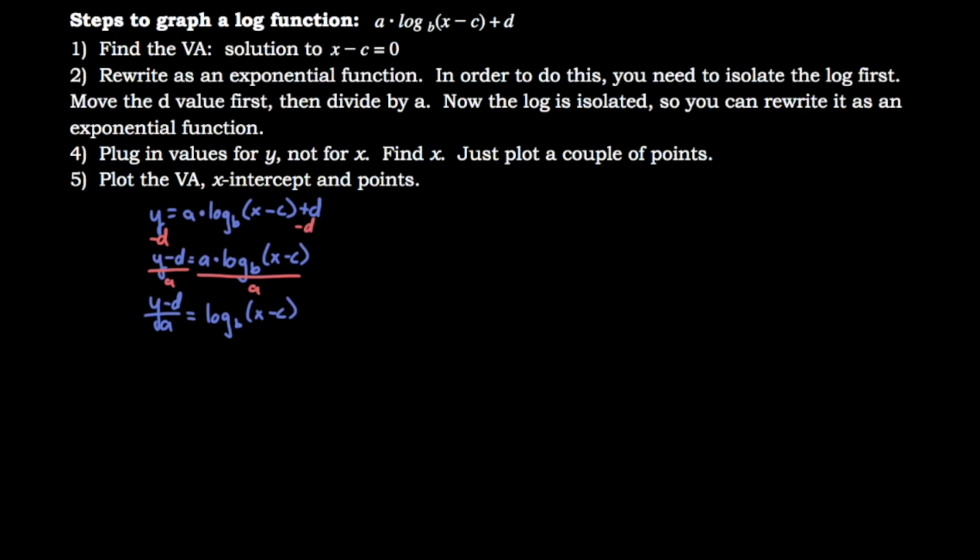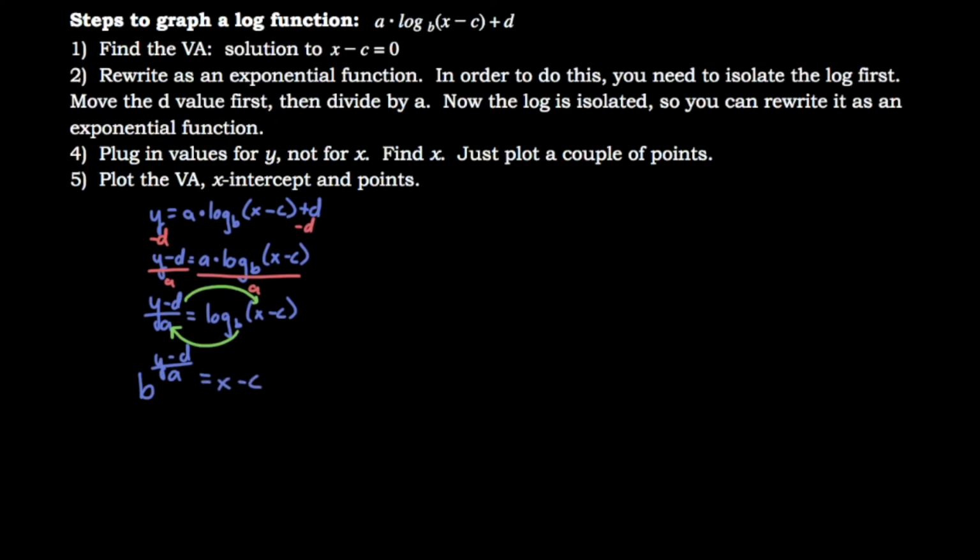So in order to do around the world, you start at the base, which in this case is b. So b to the other side of the equation, and then you go back to the inside of the log. So that's telling me to start with b, and then write to the y minus d over a power, which is pretty obnoxious. In practice, it isn't usually that bad. But then we go back into the inside of the log, so equals x minus c.